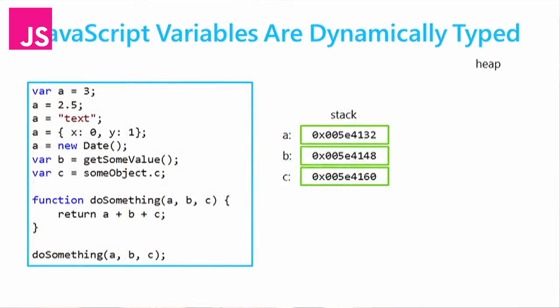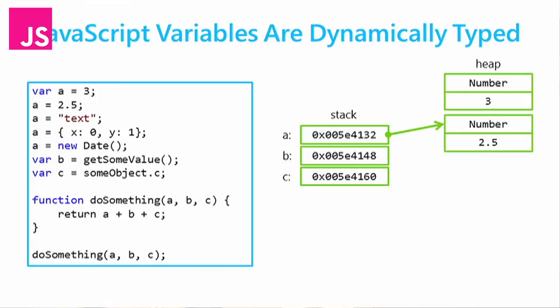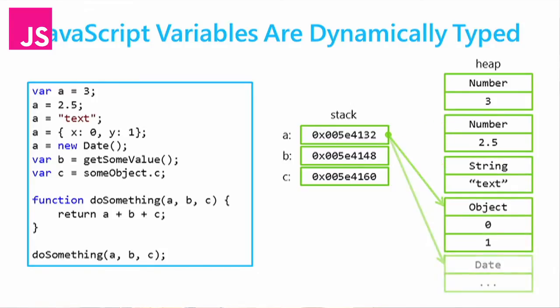Great. And I mentioned that gives us a chance to generate more efficient code. But first, a little bit of background, why that even matters. You probably are well familiar that in JavaScript, variables are dynamically typed. So at any given point, say A in this case could be a number first, then a floating point number, then a string, then an object, then even a piece of date.